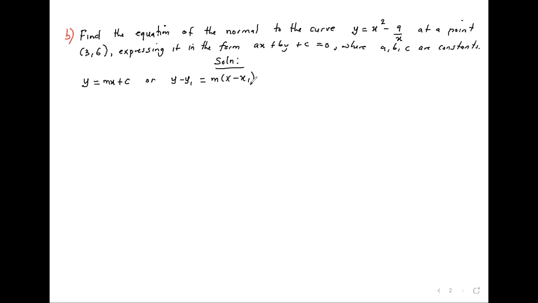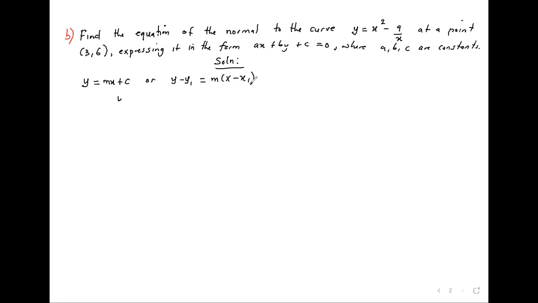When they say normal or tangent, your first task is to find the m. M is called the gradient. The gradient is found from the first derivative. We call the first derivative the gradient equation. It is the equation that gives us a gradient. So without the first derivative, we can't find the gradient in this case.